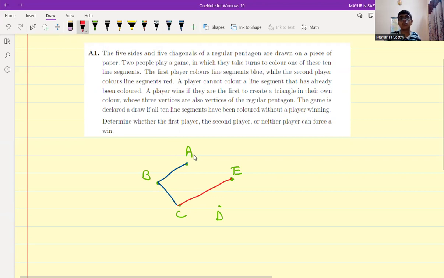He will color AC. Now I am forced to color AE blue, because otherwise in the second player's next turn he can complete the triangle ACE. This is something I don't want.